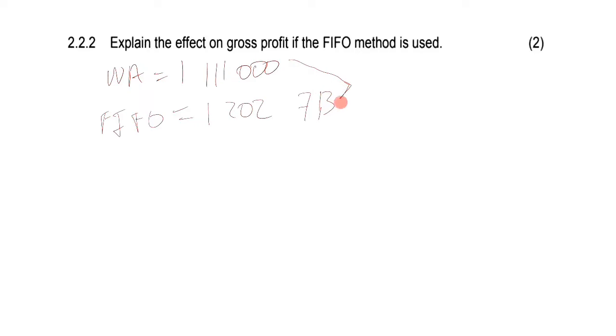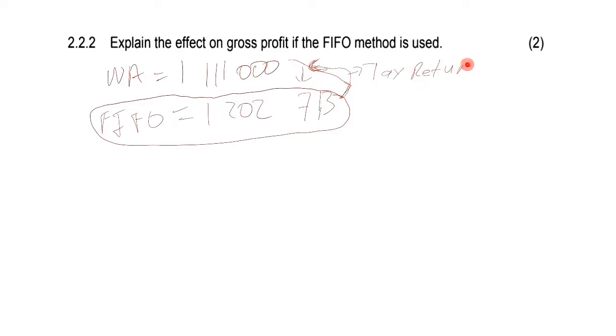So when you calculate your cost of sales for the FIFO method, you will get an amount that is less compared to weighted average. So every time the statement explains why the owner decided to change from weighted to FIFO, it's because of tax returns, right?